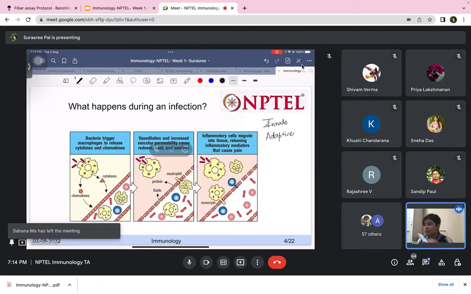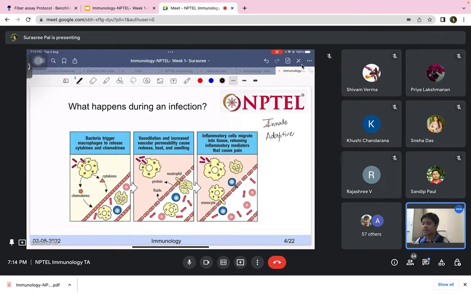There are some anatomical and chemical barriers on our body, for example our skin and the mucosal epithelium and like that. So when the pathogen is able to cross, for example our skin, then the innate arm of the immune system gets activated.